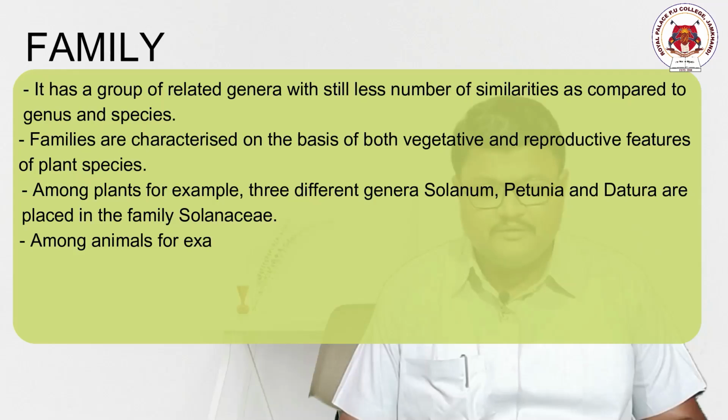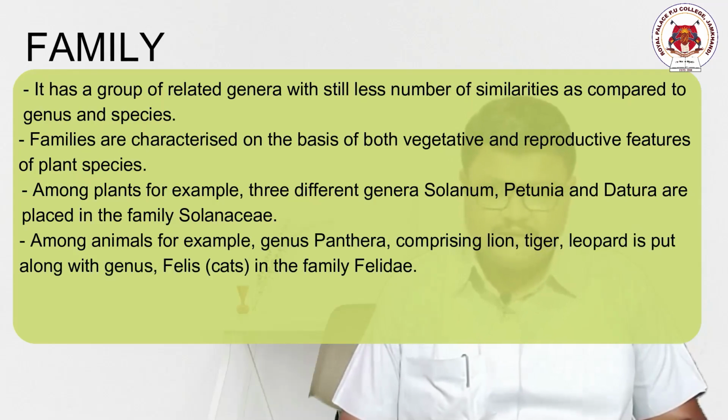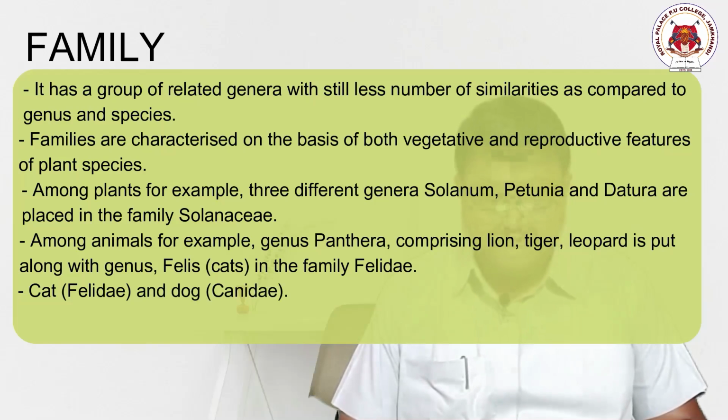Among the animals, the genus Panthera comprising lion, leopard and tiger is put along with the genus Felis, which contains different cats. Both Panthera and Felis are included in one family called Felidae.